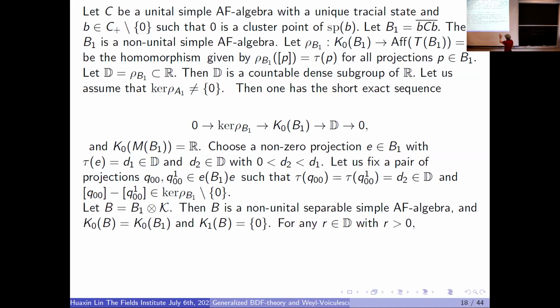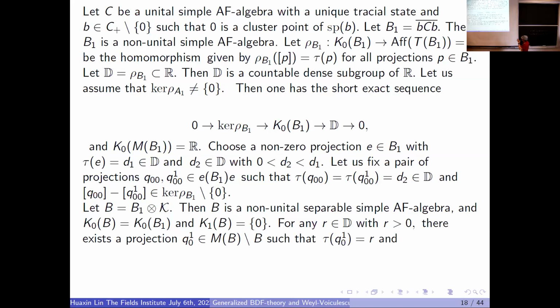Now, here is an easier fact: if you choose an element D in the range of K0, with a positive element, then you can always find a projection which is in the multiplier algebra, but not in B, such that the trace equals that value.